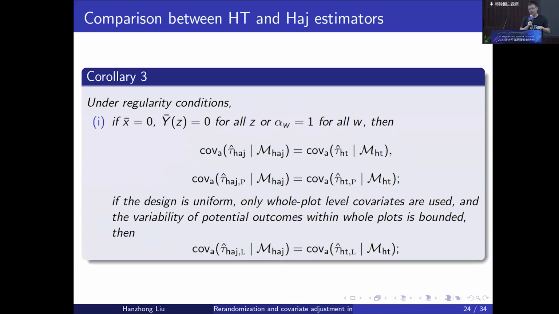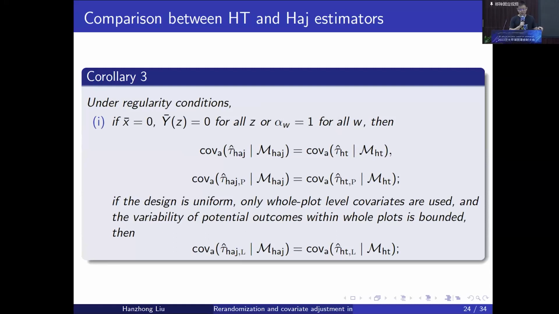This corollary compares the relative efficiency of the Horvitz-Thompson estimator and the Hajek estimator. If the averages of the covariates and the potential outcomes are 0, or the whole plots are of equal sizes, then the unadjusted and the projection-based Hajek estimators and the Horvitz-Thompson estimator are equally efficient.